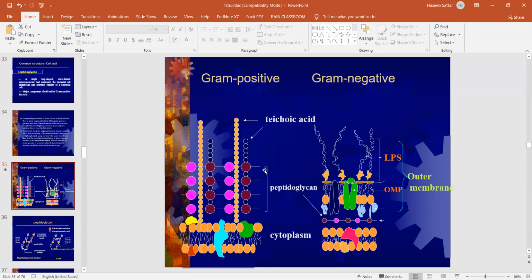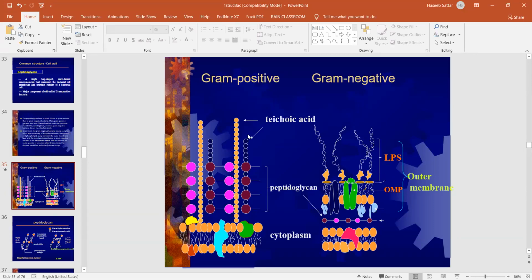Gram-positive and gram-negative bacteria both have a cell wall composed of peptidoglycan units, but in gram-positive bacteria, because there is only a cell wall, the peptidoglycan is very thick and multi-layer. You can see here 1 layer, 2, 3, 4 layers. While in gram-negative bacteria, the cell wall is a single layer, and outside the cell wall we have an outer membrane.